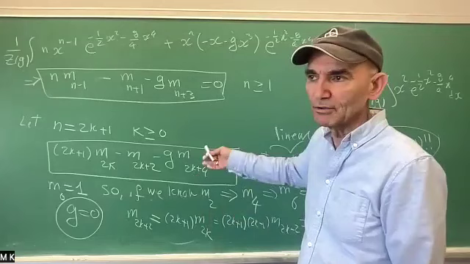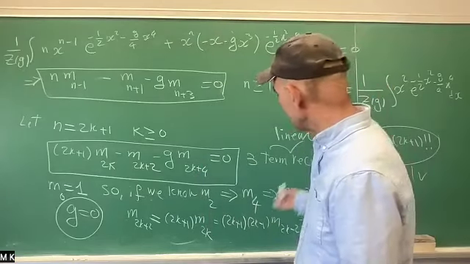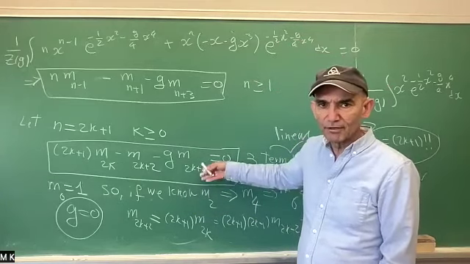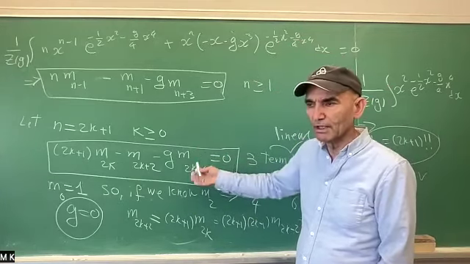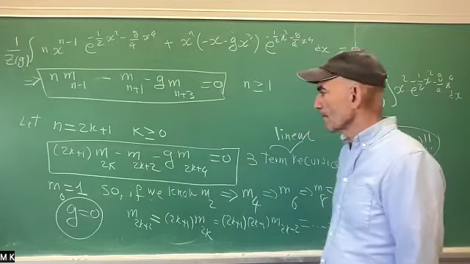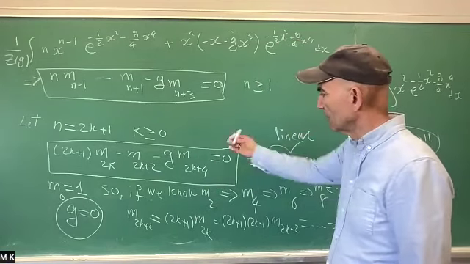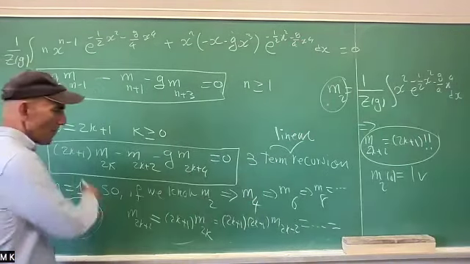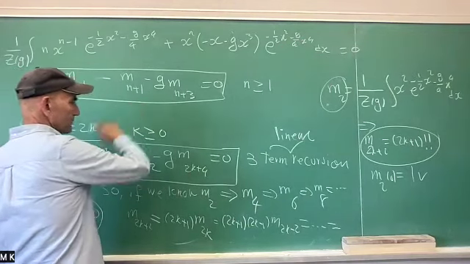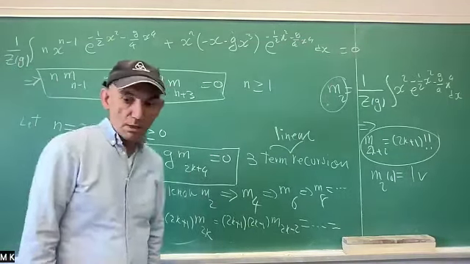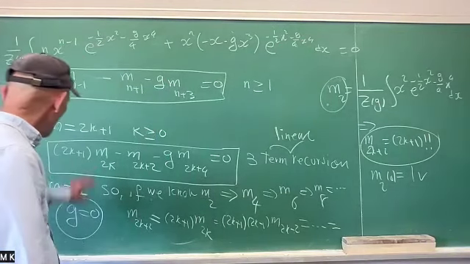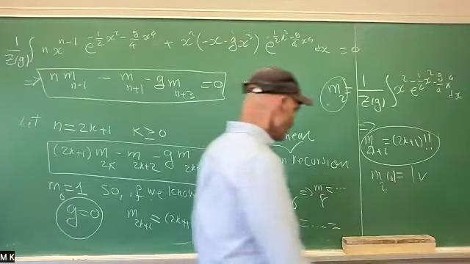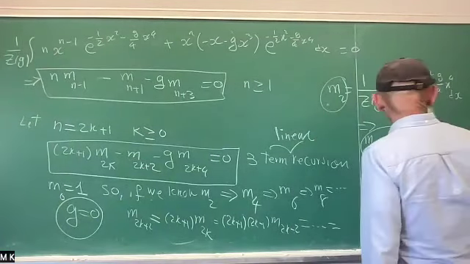There are zillions of ways to do that, but this is another way. It is good because it checks, at least in one case, that we are on rather solid ground, because for g equal to 0 we get the correct result. But the point is g positive, that we want to know what's going on. So I keep this recursion like that. Now, how to compute m2 of g?